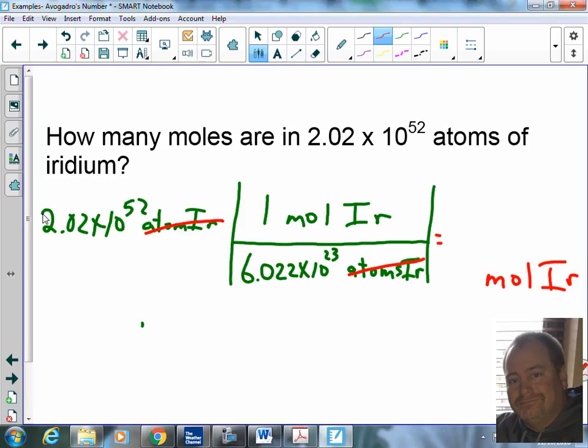So, I'm going to take 2.02 times 10 to the 52nd, and I'm going to divide it by 6.022 times 10 to the 23rd, and I come up with 3.35, and don't forget the times 10 at the back end in your calculator, times 10 to the 28th. Agreed? Okay.